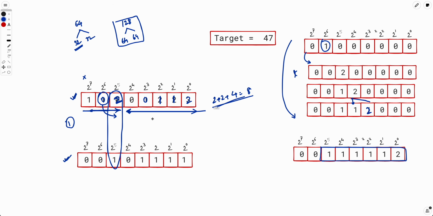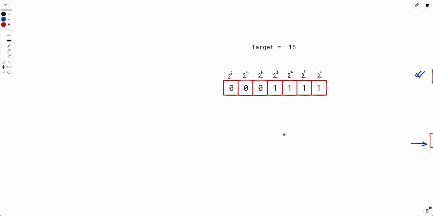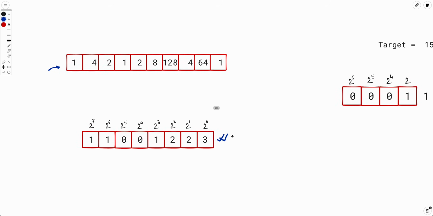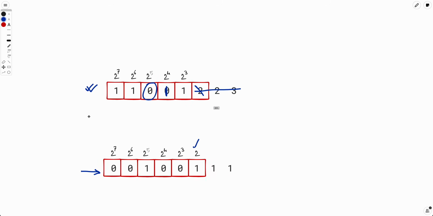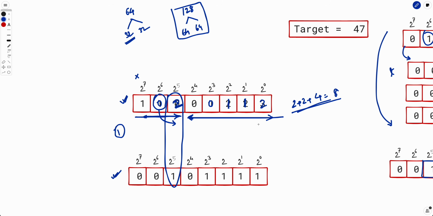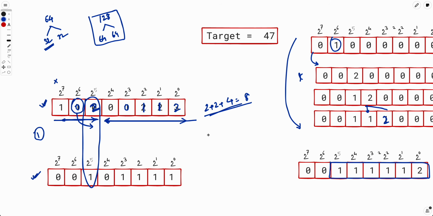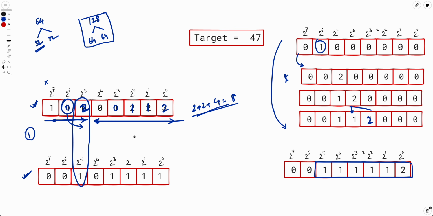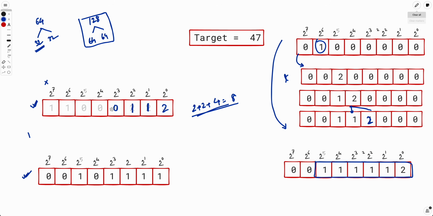So one small thing before you close, some of you might still be thinking that, okay, why, let's say there are elements which can sum up to 40. Let's erase all of this, right? So let's say there are elements which can sum up to 32, right?